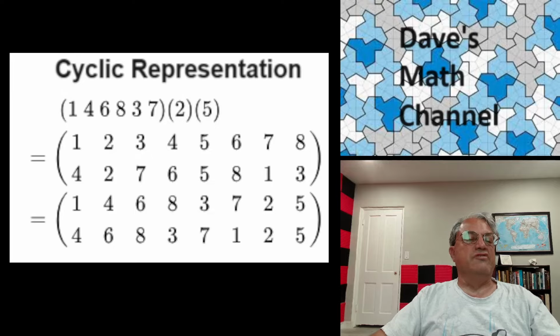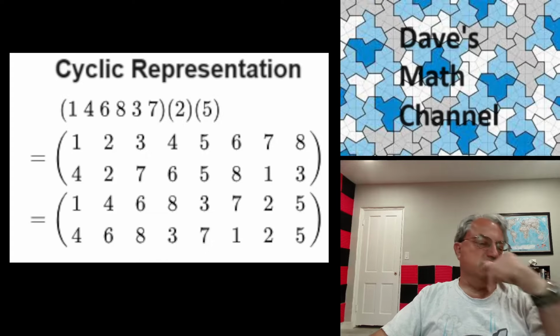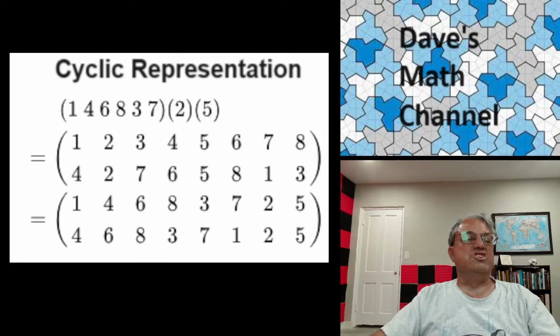We can write that in other ways as well. So 1 is going to 4, so we write 4 below 1. This is sort of a matrix. It's not really the matrix representation, but we write it as an n by 2 matrix, in this case 8 by 2: 8 rows, 2 columns. There's always 2 columns. In the first row, we always write the number that the thing on top gets mapped to after you shift things around.